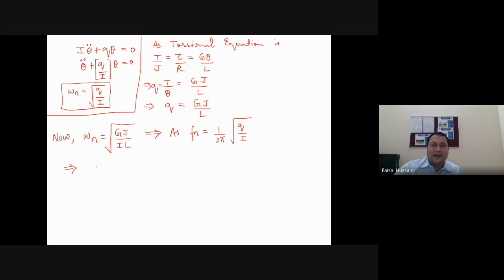So I can write Fn equal to 1 upon 2 pi, instead of q, G into J divided by I into L. So this becomes your natural frequency. So from here you have seen how to derive the natural frequency in terms of omega n and in terms of Fn for a torsional vibration system.